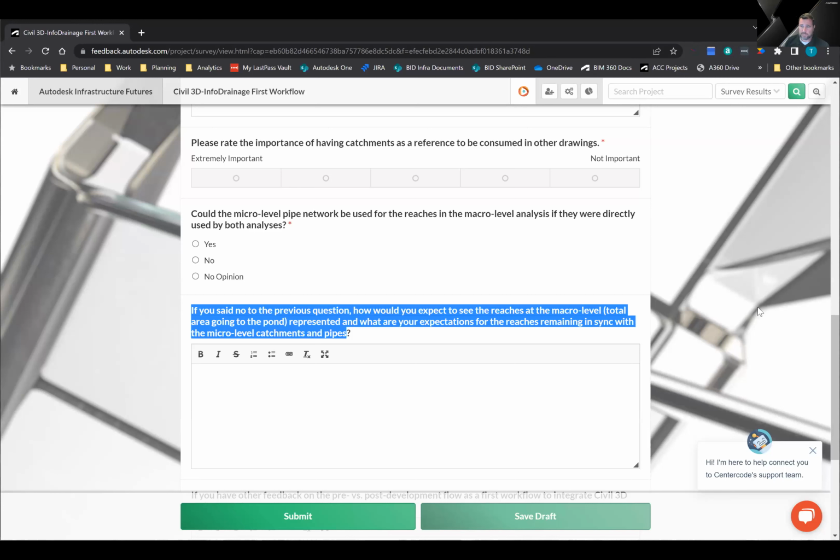Should you have all these catchments to your pipes? Is there some overall catchment that's the macro level representing all those, linked together? Or do you want to just lay those out separately?